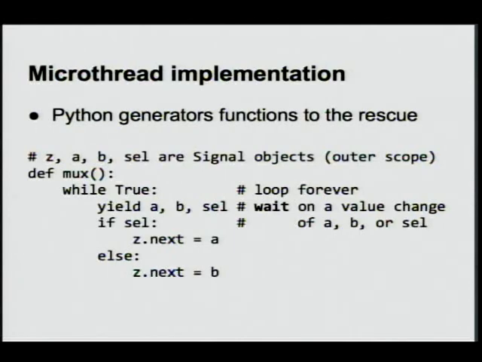This generator function doesn't have parameters. And here you see a while true loop, which is very common in a generator function because it has to continue to work all the time. And here you see this yield statement.